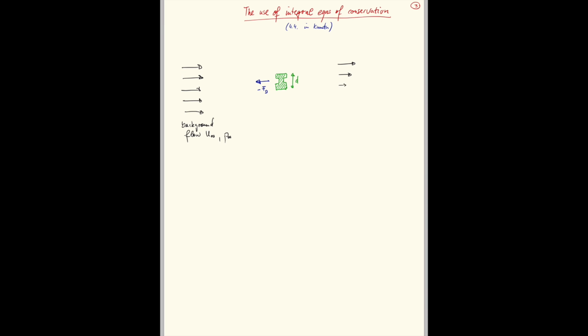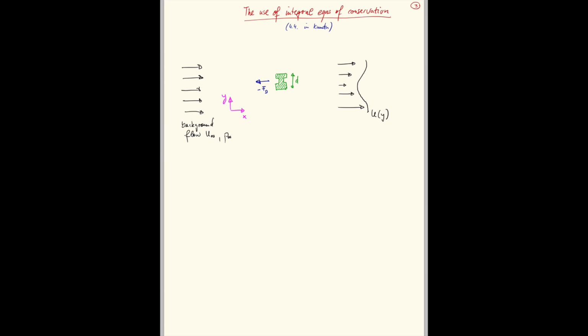The drag force that is exerted onto the bar means that our flow field has been decelerated. So now our flow field will look something like this, U as a function of y, where my coordinates are x and y, chosen like that.